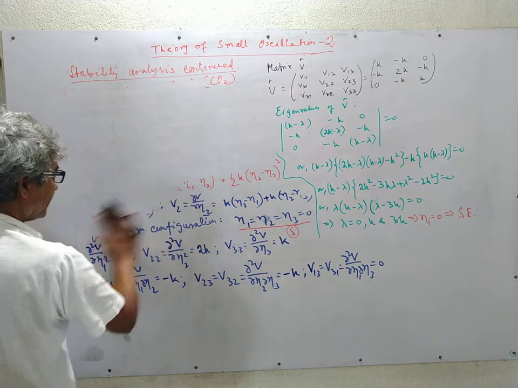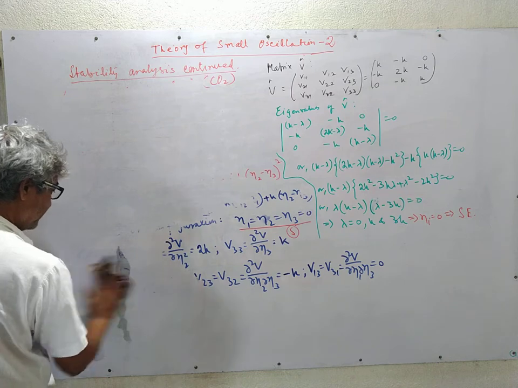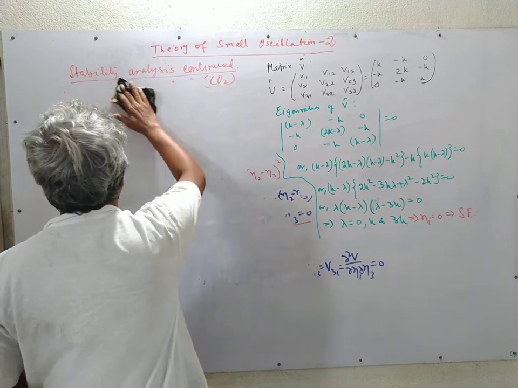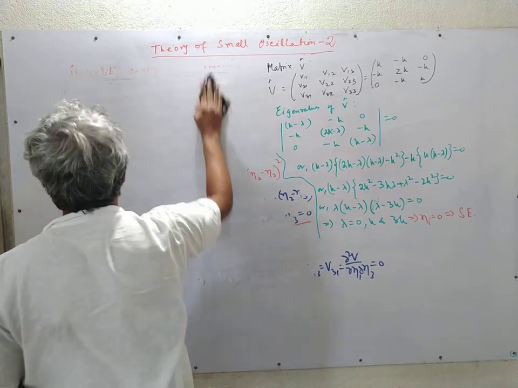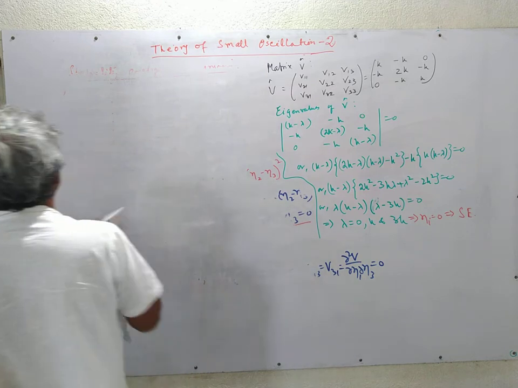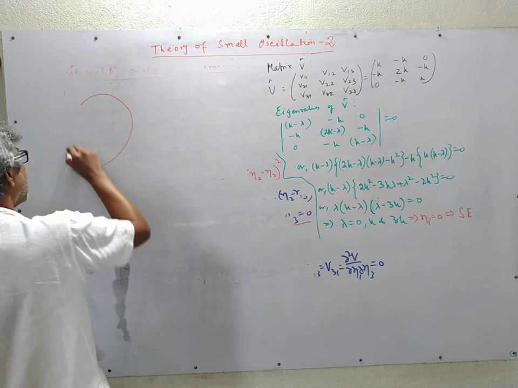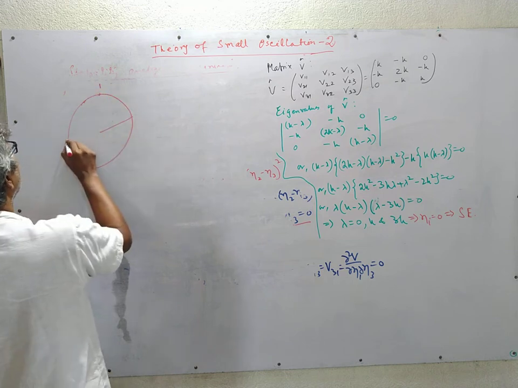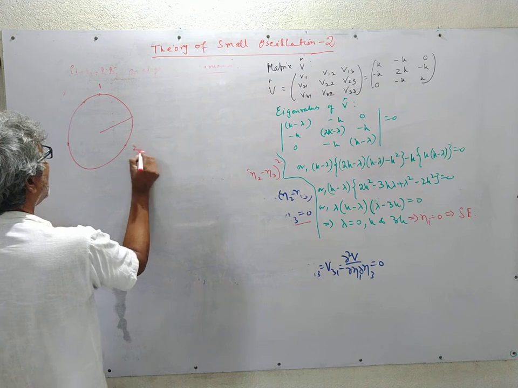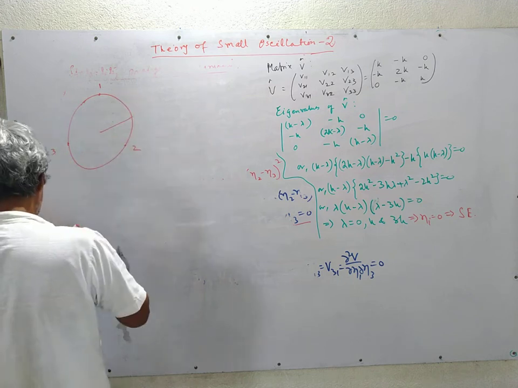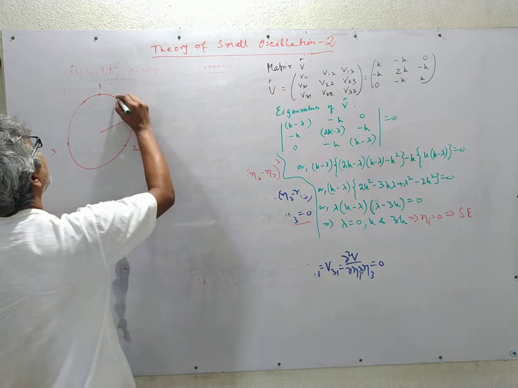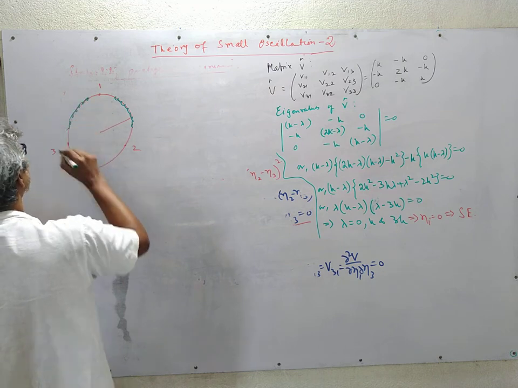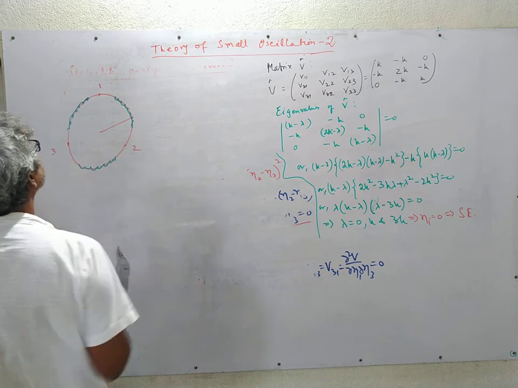This is also a three-particle system where three identical masses are arranged symmetrically on the circumference of a circle of radius A. So we have a circle of radius A, and there are three masses, 1, 2, 3, and these mass points are connected with each other along this circular ring as if they are connected by elastic springs.